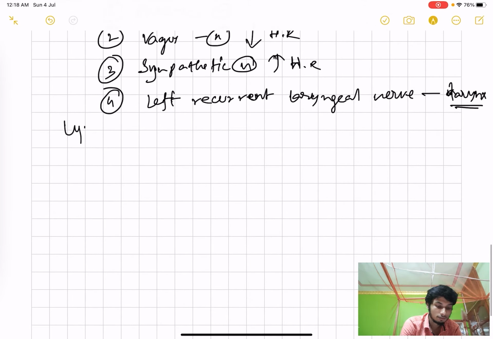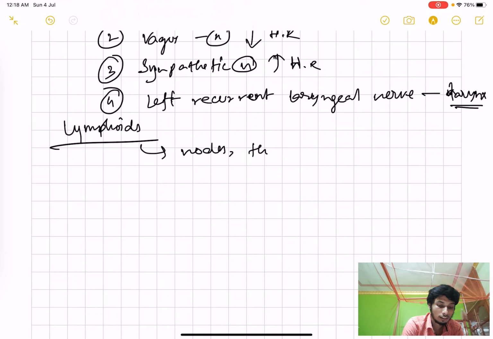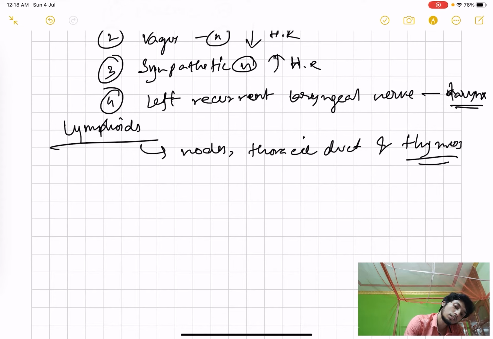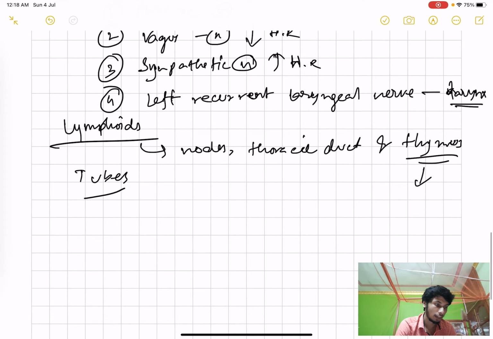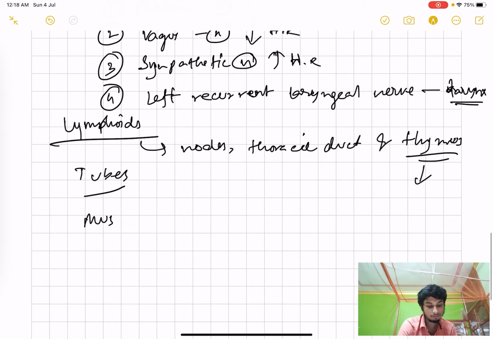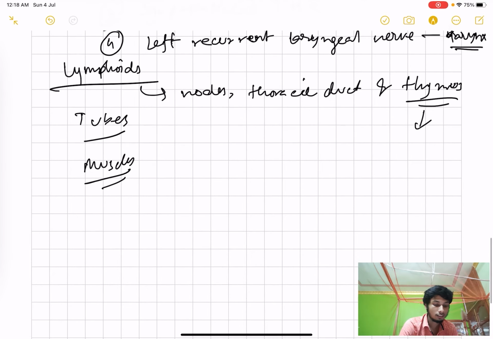Now lymphoids, that is nodes, thoracic duct and thymus, which helps in maturation of B and T lymphocytes. Thymus, we all know. There are some tubes, that is esophagus and trachea. Trachea helps in respiration, esophagus in the GI system. And muscles are also easy to remember.